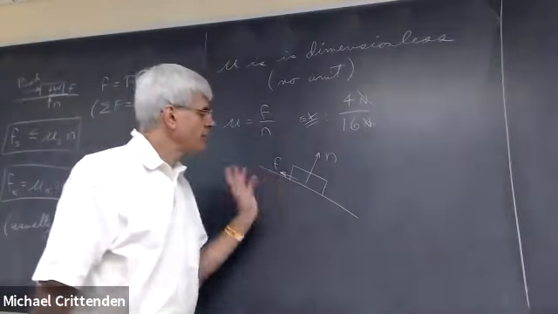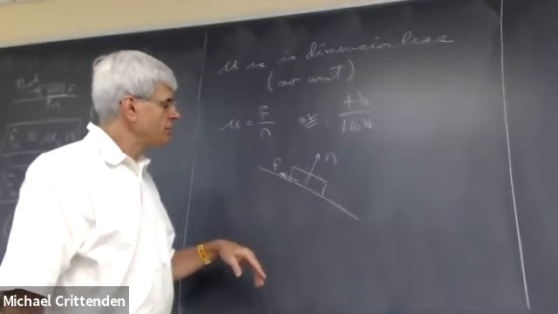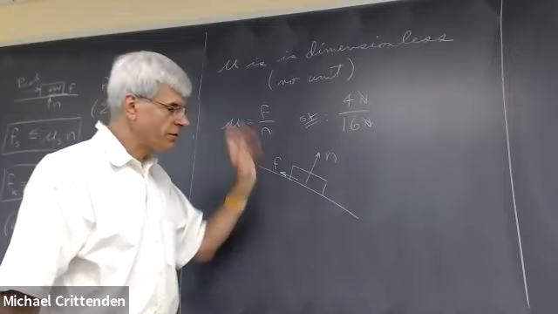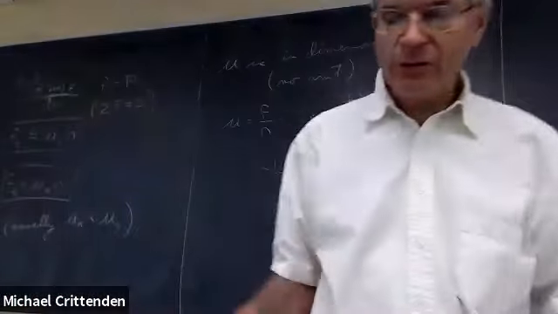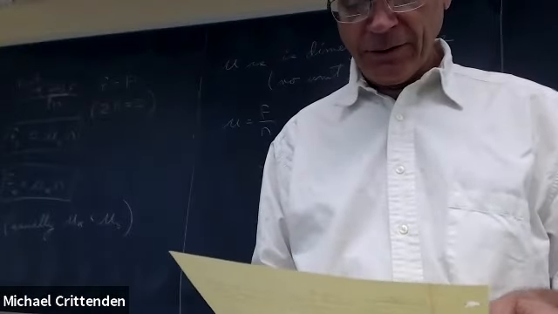If it was a very slippery surface, like if there were little ball bearings all over it, then the friction force would be 0 and the normal force would be the whole thing. But in general, parallel is friction, perpendicular is normal.